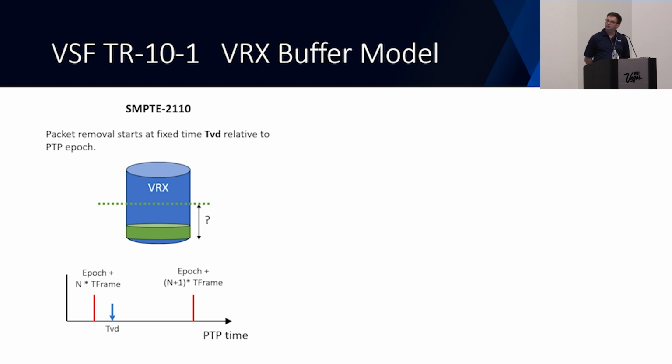Those who are familiar with 2110 will likely recognize this big blue cylinder, which is also called the VRX buffer model. In 2110, the rule is that the receiver will start to use packets from its buffer at a very fixed time based on the PTP time. So no matter if your buffer is full or empty, you have to use the packet.